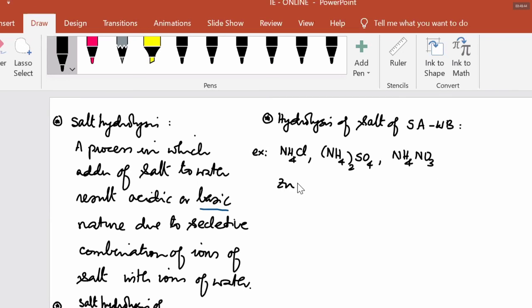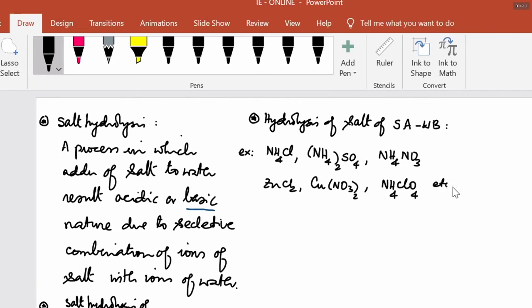Zinc hydroxide along with HCl, zinc hydroxide along with sulfuric acid, copper hydroxide along with nitric acid. Then ammonium hydroxide with HClO4, ammonium perchlorate, very strong acid and very weak base. Like this, we have so many cases.